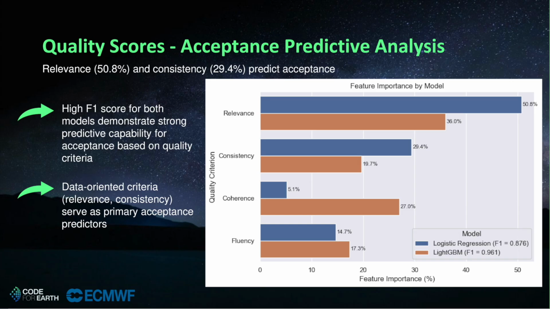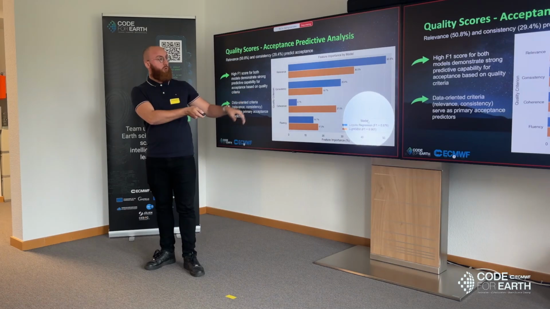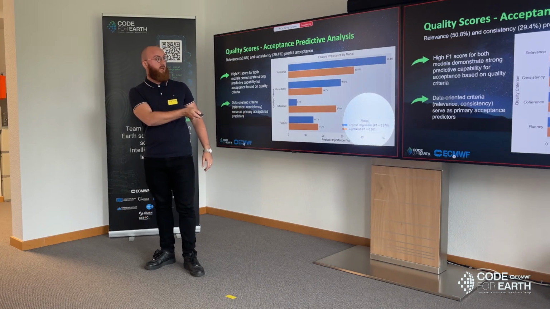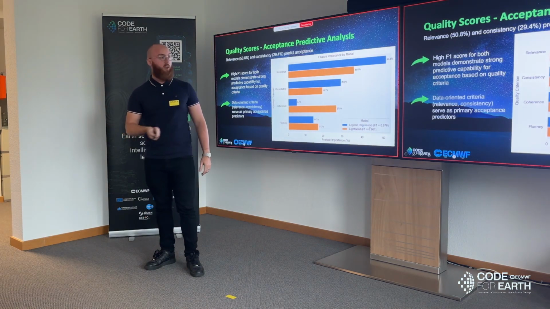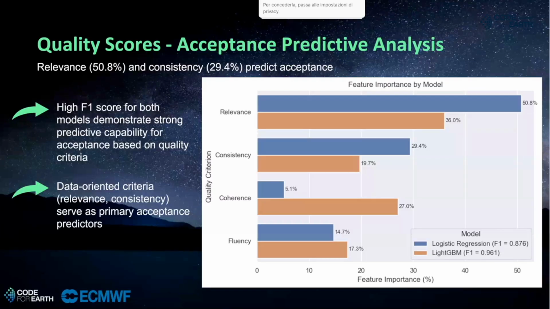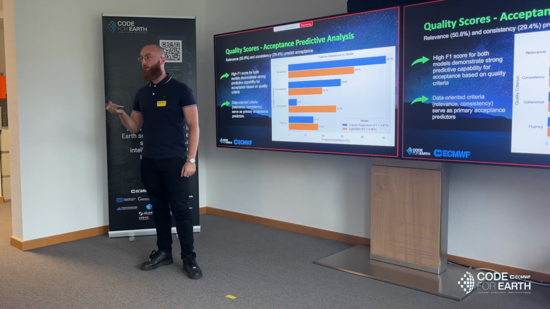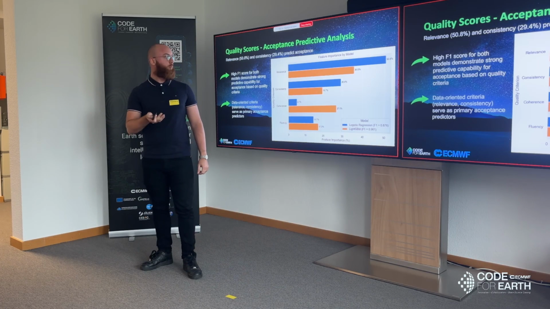First, on the bottom right there, you see the F1 score for the two models that we've used, logistic regression and LightGBM. And you see that they are quite high. The score goes from 0 for worst to 1 for best. So here we are at 0.9-ish. So the models very accurately predict the acceptance of a description. So we have good predictors.